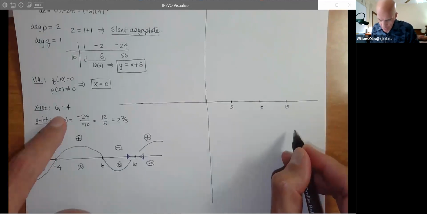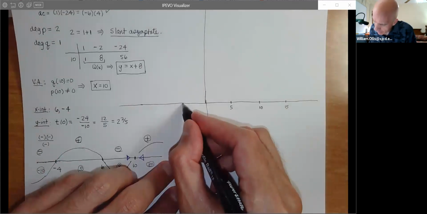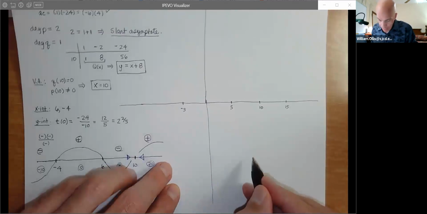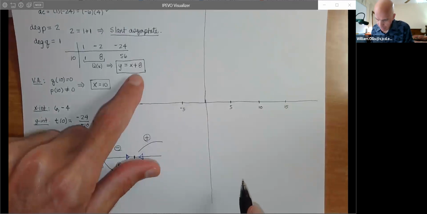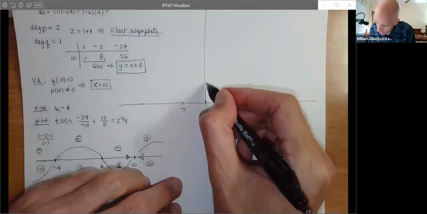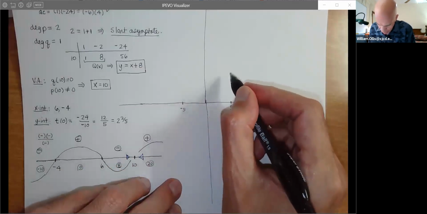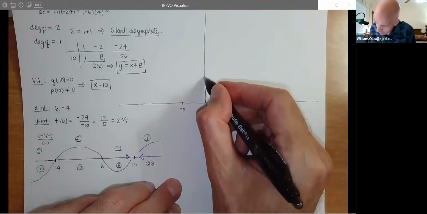And then we've got a 6 and a negative 4, so say a negative 5 here. And then we need the y-intercept, which is 2.5. So we'll do about 5.